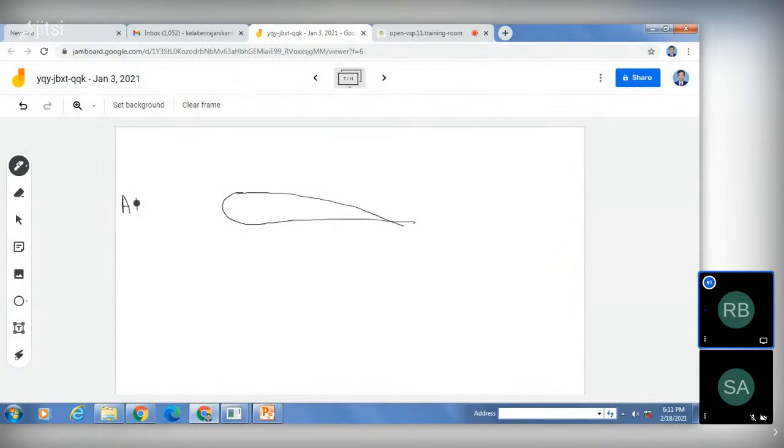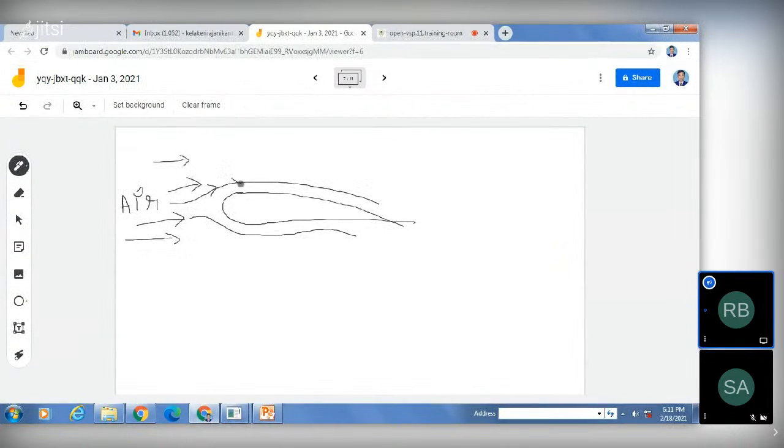Suppose you are flowing air from this end. And as you know, air will flow over the upper surface and the lower surface like this, the direction of the fluid, that is the air.